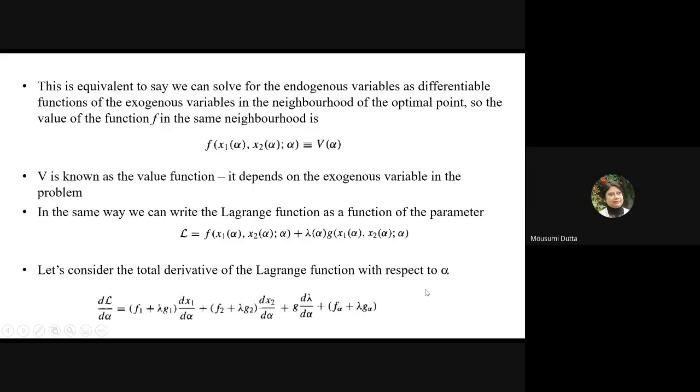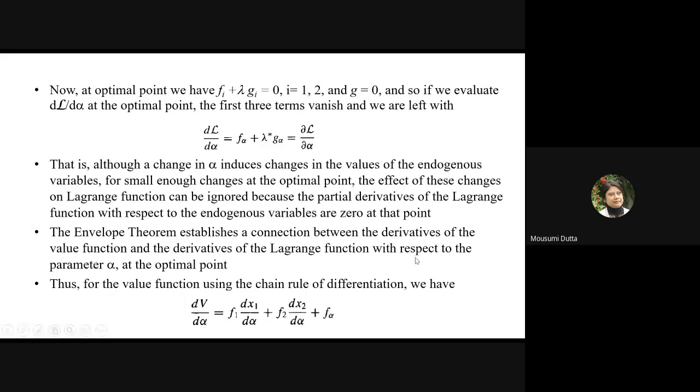These things are equal to 0. So for small enough changes at the optimum point, the effect of these changes on the Lagrangian function can be ignored because the partial derivatives of the Lagrange function with respect to the endogenous variables are 0 at that point.